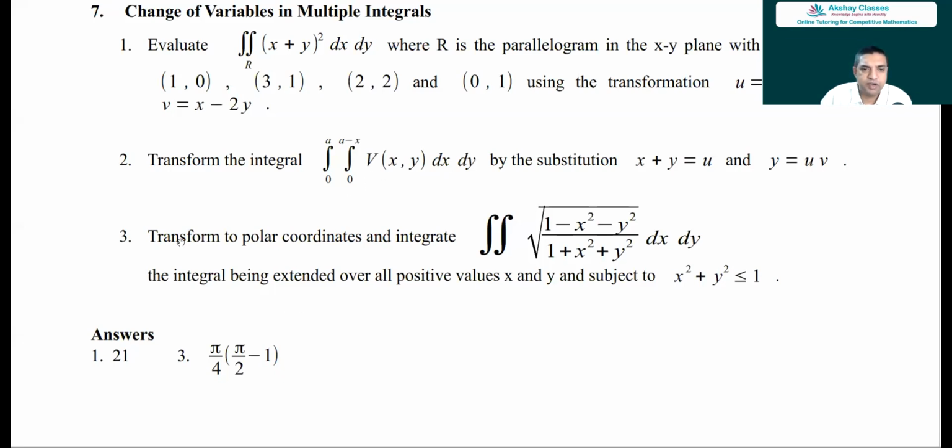Now the second question is not a calculation, it is just a transformation.